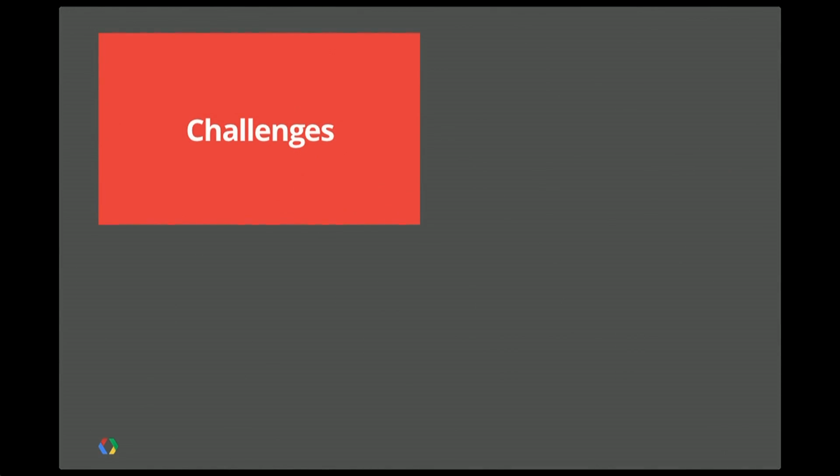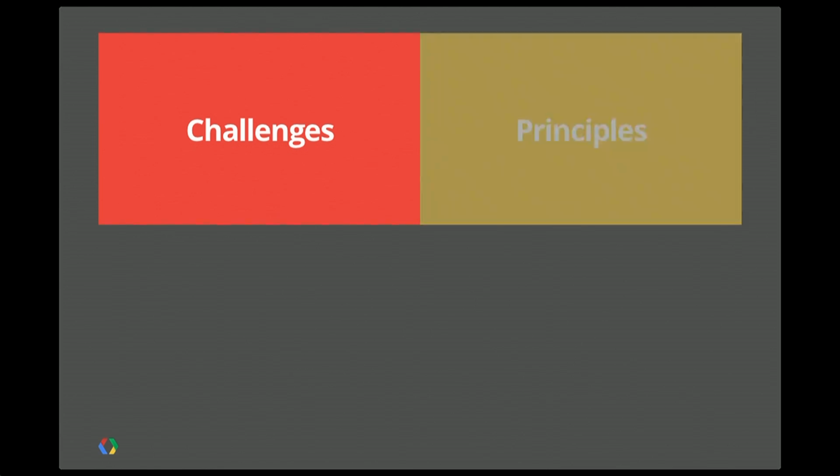So this talk is in 4 parts. First of all, we're going to talk about some of the challenges that you might experience as you develop maps on 3 different platforms. In the second part, we're going to talk about some good guiding principles for doing cross-platform development in mapping applications. And in the process of doing this, we hope to provide you with some solutions to the challenges of the first section.